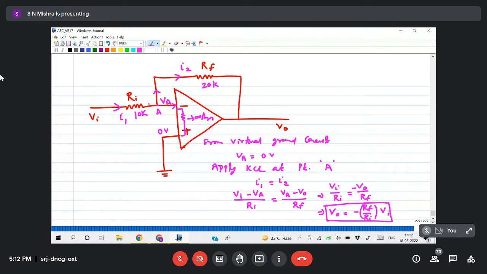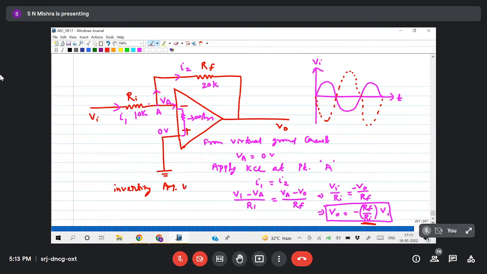That negative sign indicates a phase difference. Suppose I give the input voltage of 2 volt peak to peak, then the output voltage will be 4 volt, 2 times the input voltage but inverted. That's why this is called an inverting amplifier using op-amp.